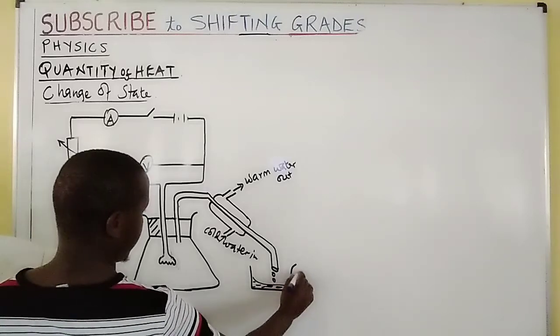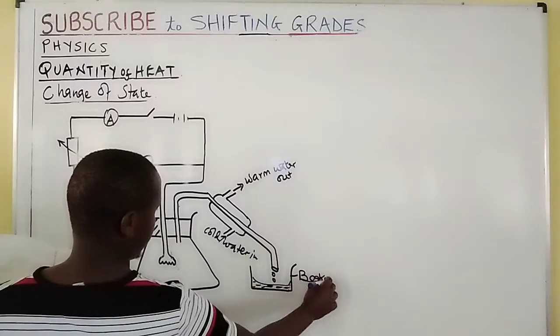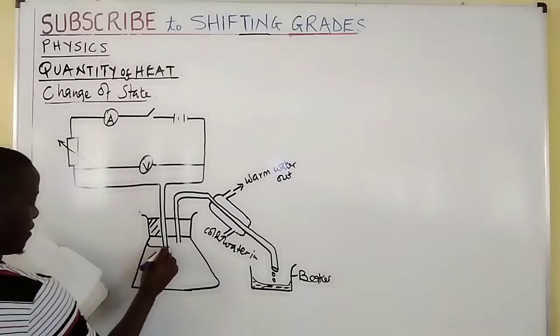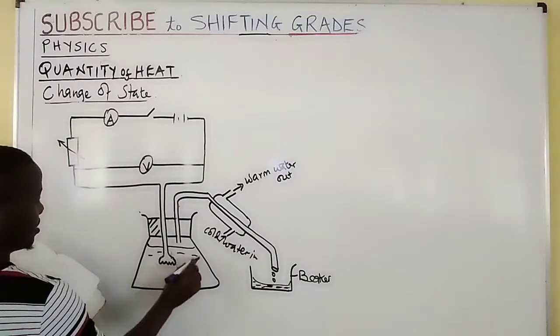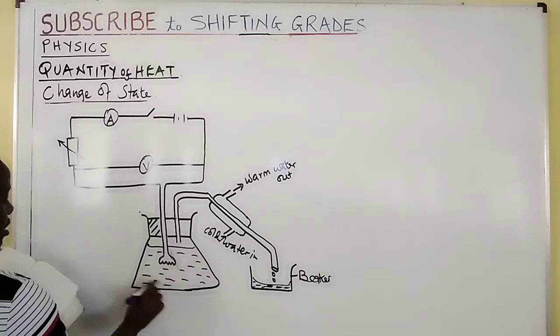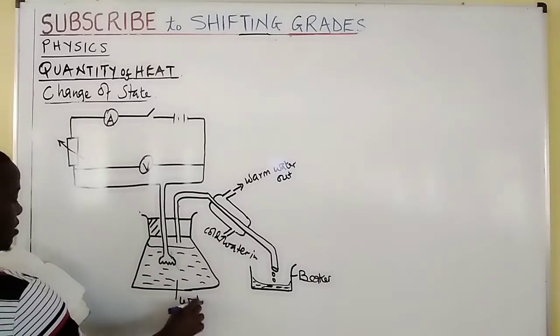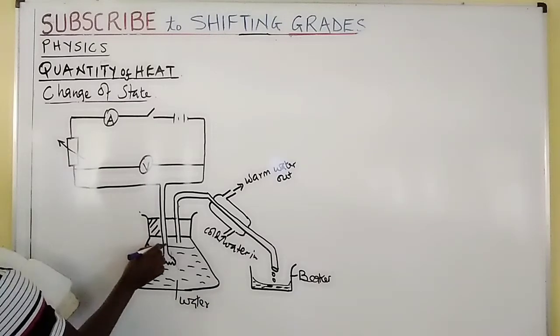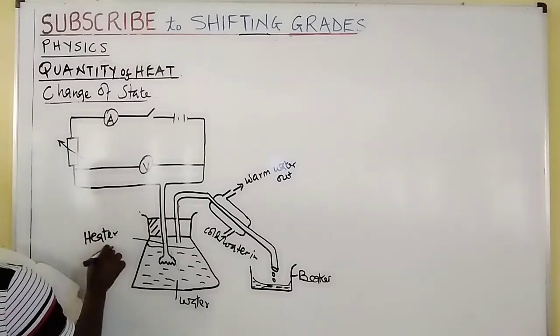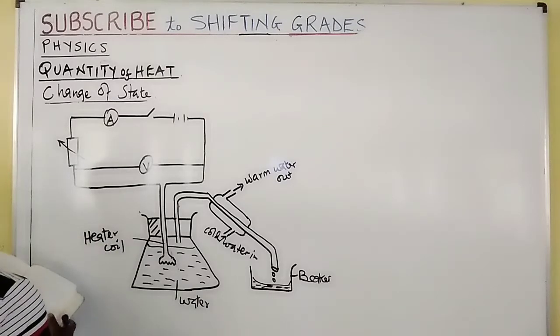So we have a beaker here, and what we have here is water where the electric heater has been dipped. This heating coil has been dipped here. This is water. This is the heater. The heater coil gets dipped like that.